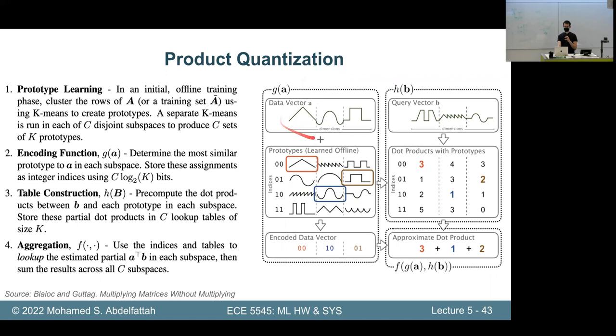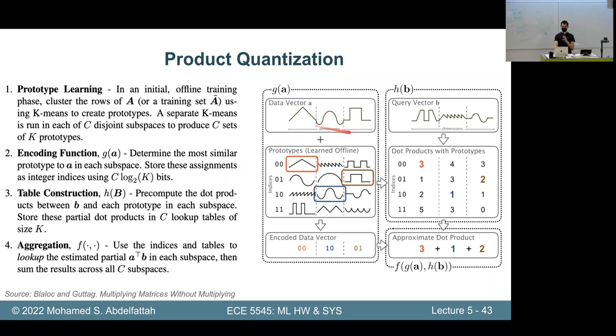I'll represent this group of numbers using this shape that I learned offline, which also looks very similar. So what I'm doing here is quantization not on the single number granularity, but on a vector granularity. I'm replacing this group of numbers by this prototype. And then this other part looks like a semicircle, so it looks a bit like this one, so this is what I'll represent it with, and so on.